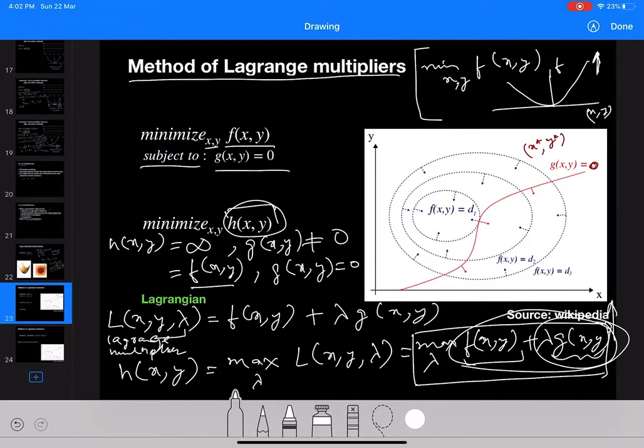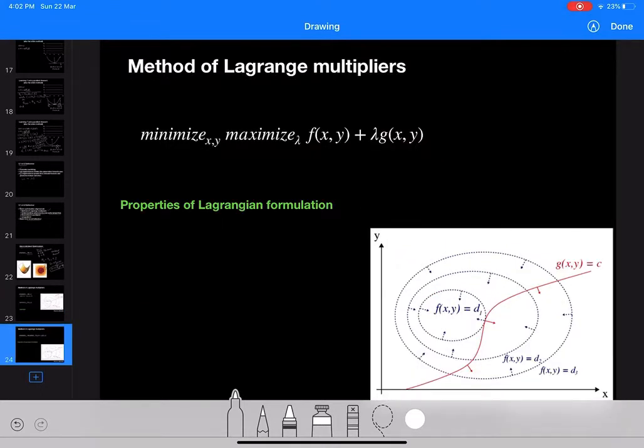So whenever g of xy is not equal to 0, lambda pulls this product towards infinity. It behaves the way we want it to. If I substitute back, this part is the Lagrangian L of x, y, and lambda, and this part was our h of xy. Now we have an unconstrained problem which we can solve through gradient descent.